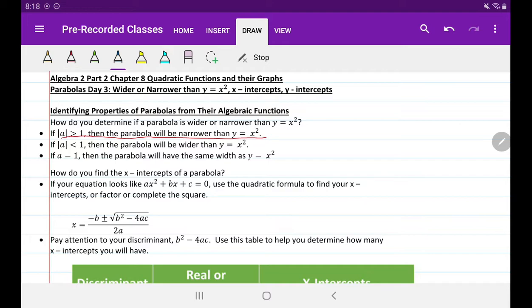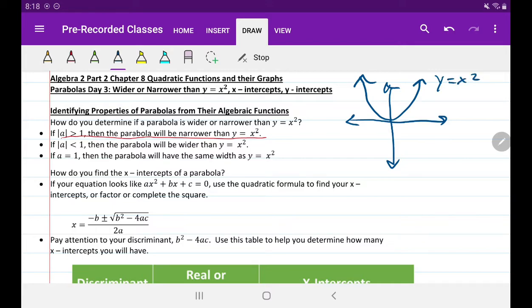To give you an example of what this will look like, let's say we have a pretty basic graph. Here's my x-axis, here's my y-axis, and let's say we plot the parabola y equals x squared.